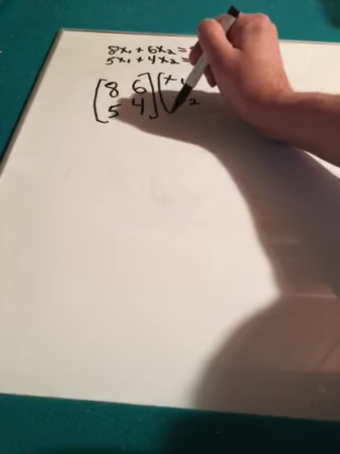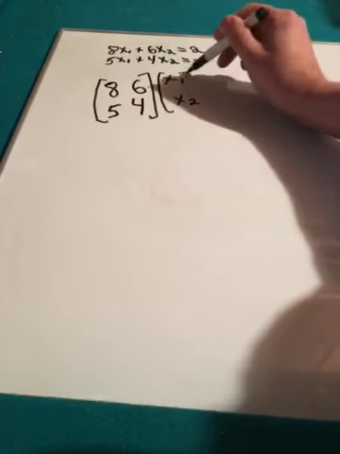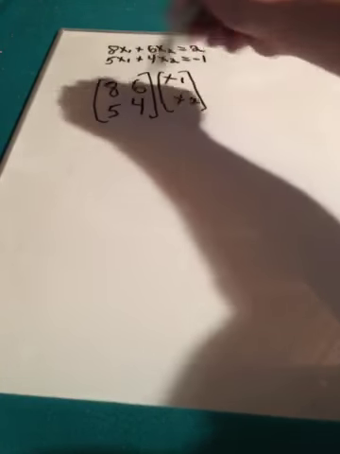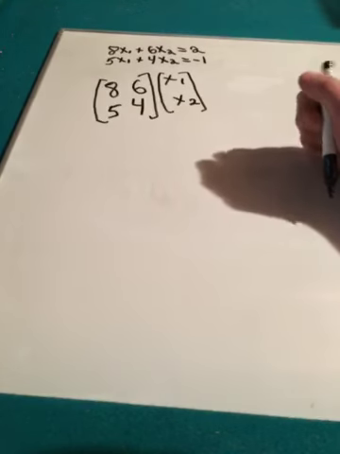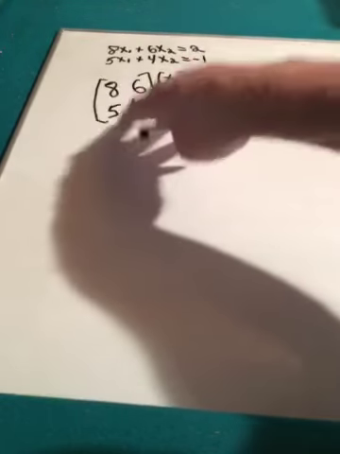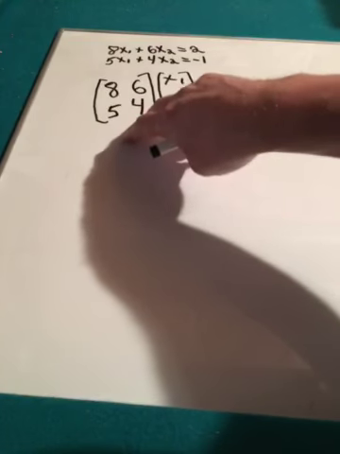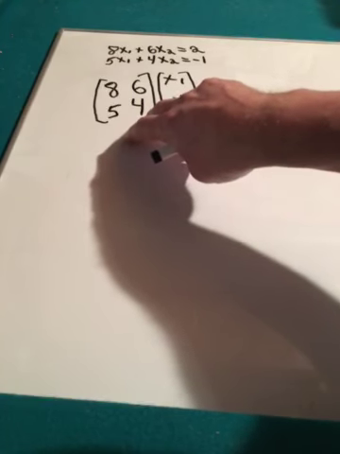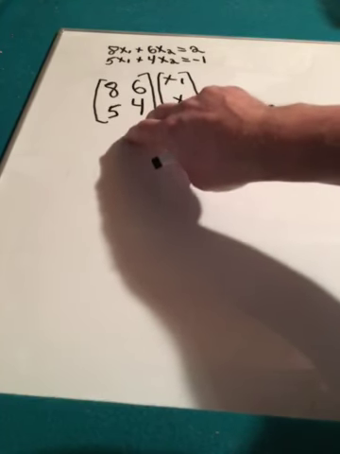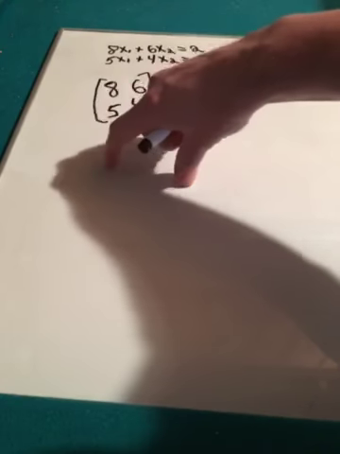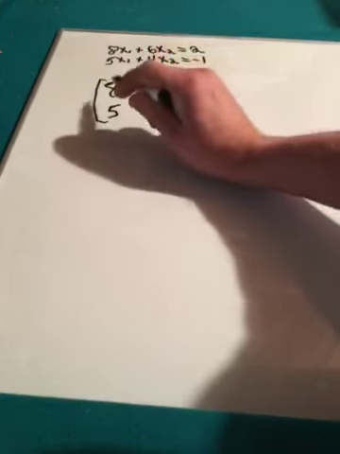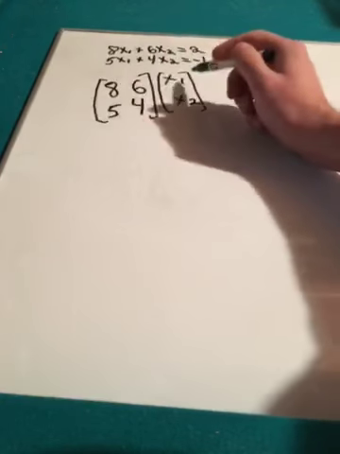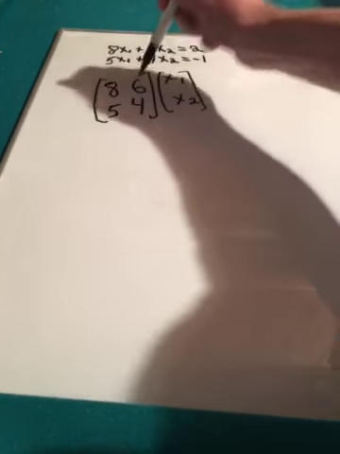Okay, so now we have this 2 by 2 matrix. There's 2 rows, 2 columns, and a 2 by 1 matrix, 2 rows, 1 column. And if we multiply these matrices together, what we're going to get is a 2 by 1 matrix, where the first entry is just going to be our first equation. It's going to be 8 times x1, so 8x1, then plus 6 times x2.